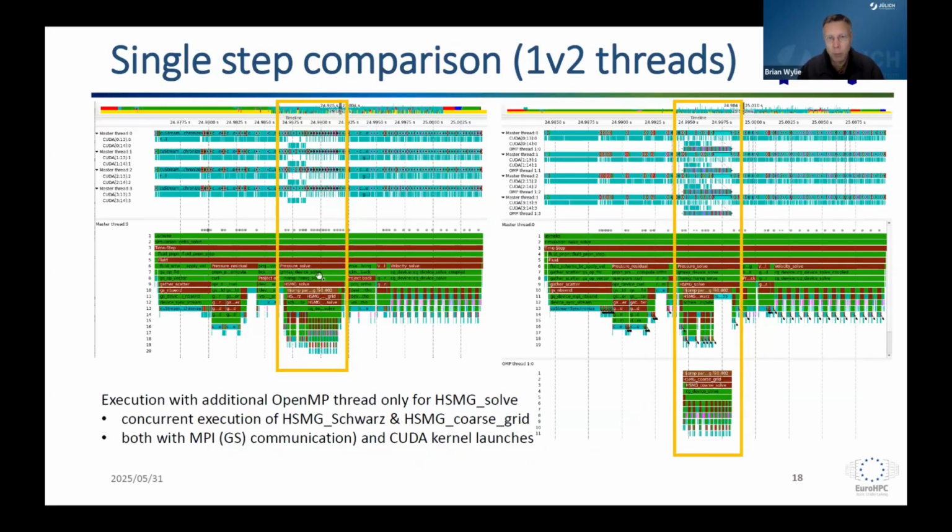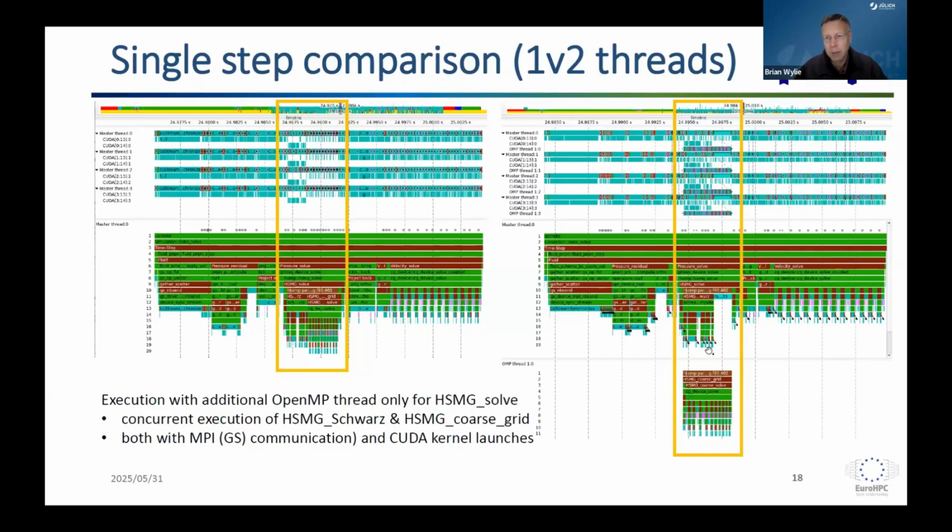Whereas when we execute with one thread, we have the pressure solve taking longer, but it's doing the two different parts, the Schwarz and the coarse grid. Whereas when they're executed with two threads, those can be executed concurrently. The Schwarz solver is faster, it finishes earlier, and then there's a synchronization where it waits for the other solver, the coarse grid solver, to complete before the routine can complete and continue.